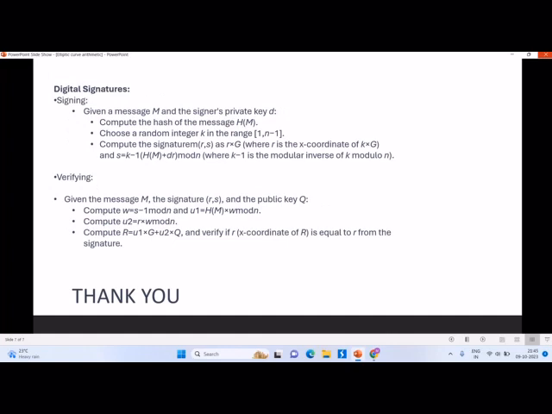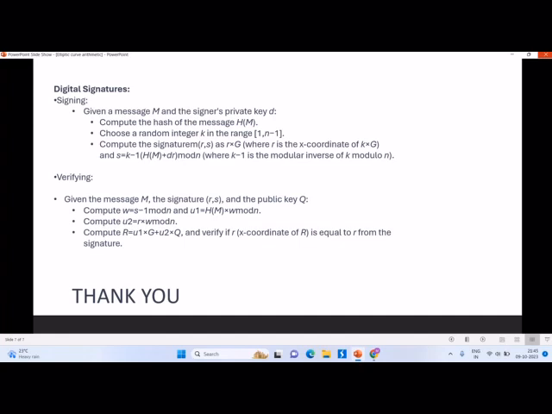Then signatures. Digital signatures are very important, and there are two important methods: signing and verifying. In signing, we are given the message M, and the signer's private key is d.